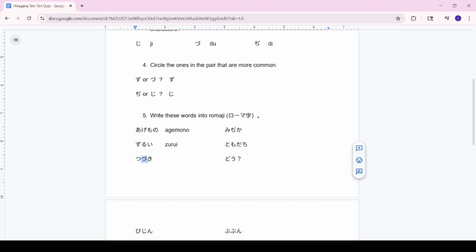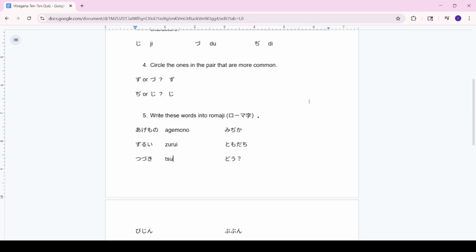It's Suzuki. That means continuation or sequel. You often see it used at the end of an anime episode. It means they're going to continue it. Or maybe it says Suzuka, I'm not sure. It's one of the two.